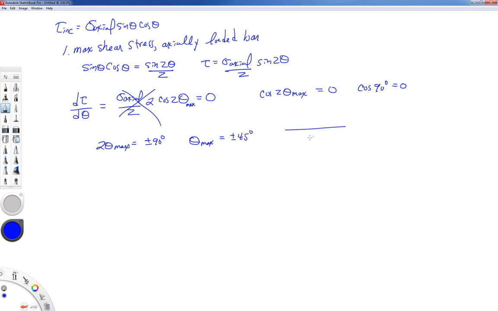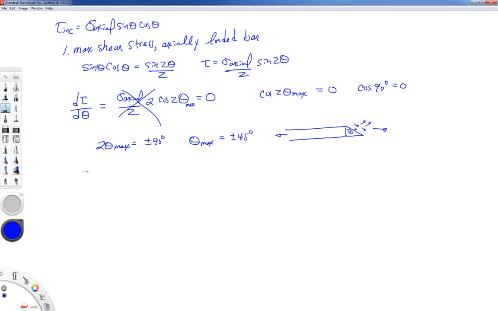So that means for our axial bar in tension, the angle where this is 45 degrees will give us the maximum shearing stress on that surface. We do also have some normal stress at 45 degrees.